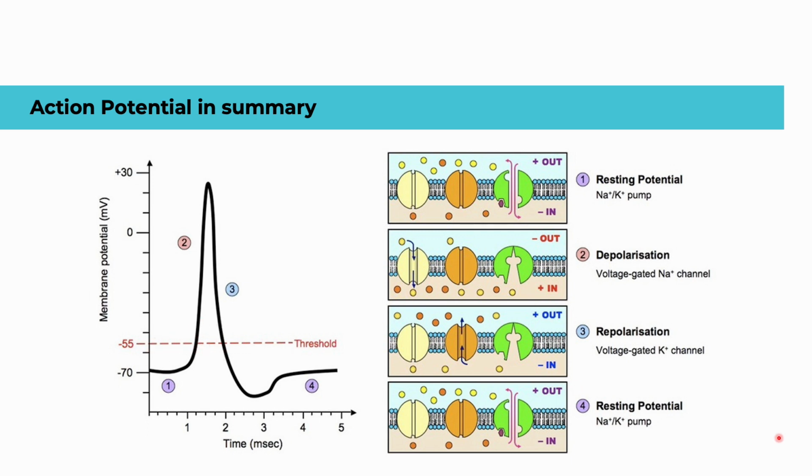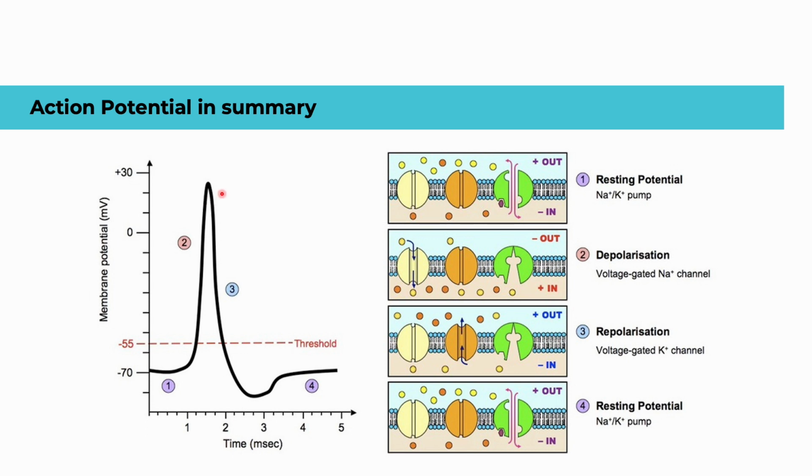Once that happens, then what happens is step number 2, depolarization. So this threshold triggers positively charged sodium ions to enter the cell, and it causes the membrane potential to rapidly depolarize and become more positive. Okay?